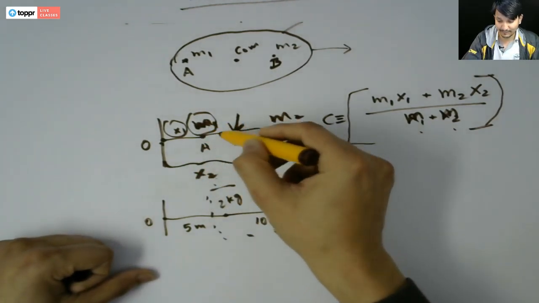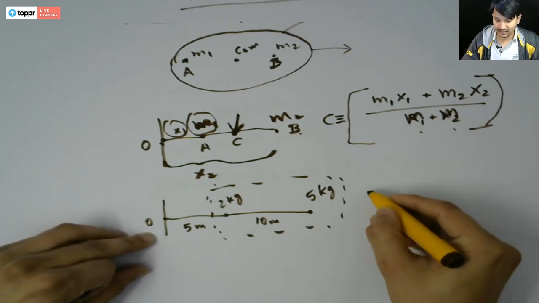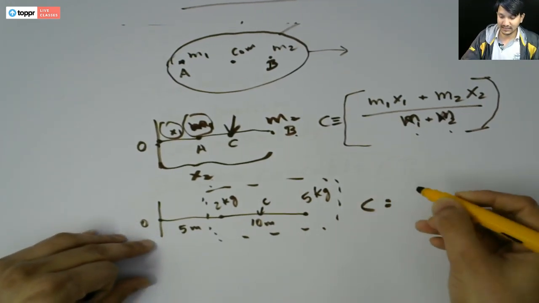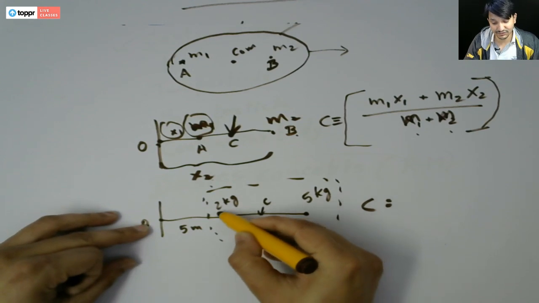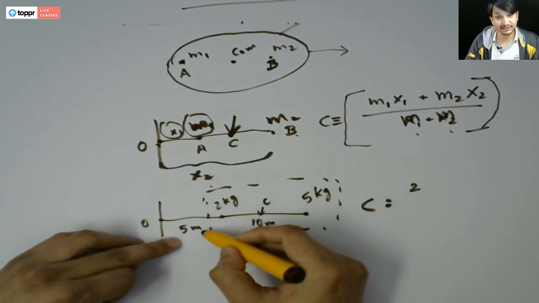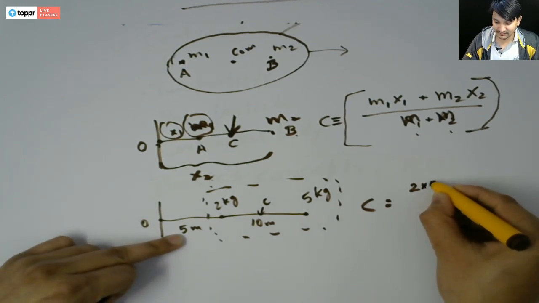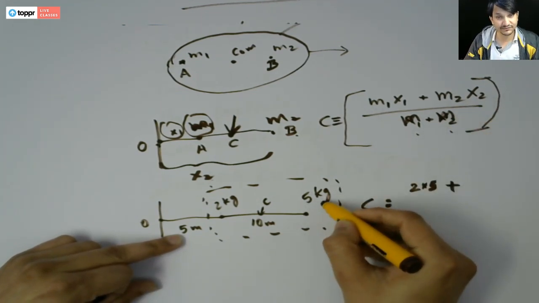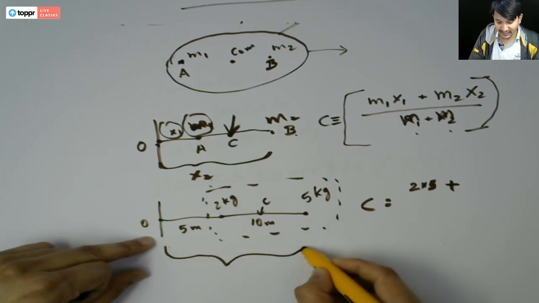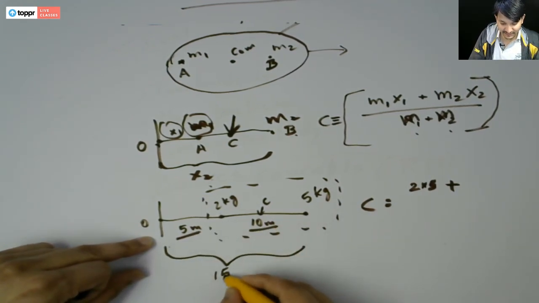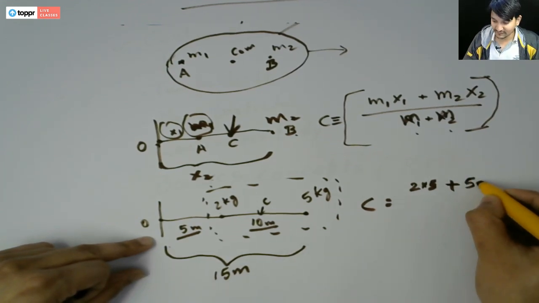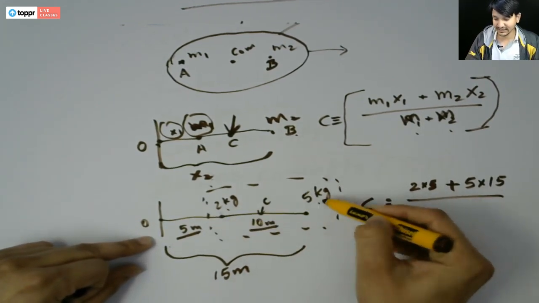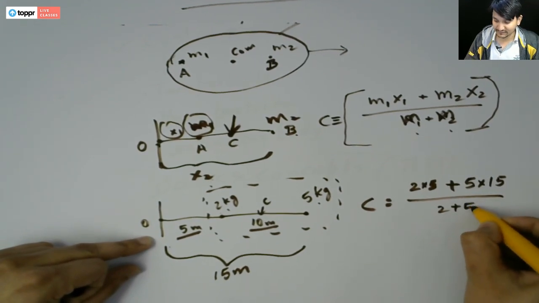We can simply apply this formula and our point C would be m1 x1, and here m1 is 2 kg, x1 is 5 meters, plus m2 x2, m2 is 5 kg and x2, you can see x2 is 5 meters plus 10 meters, 15 meters, 5 multiplied by 15, divided by the sum of two masses, m1 plus m2, 2 plus 5.